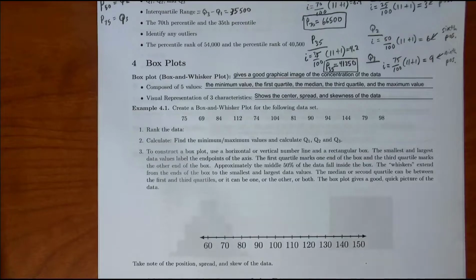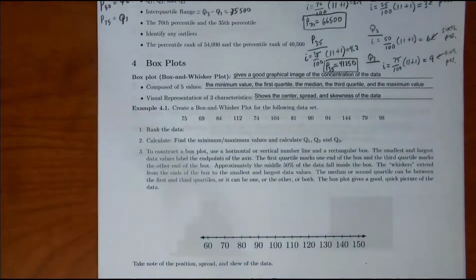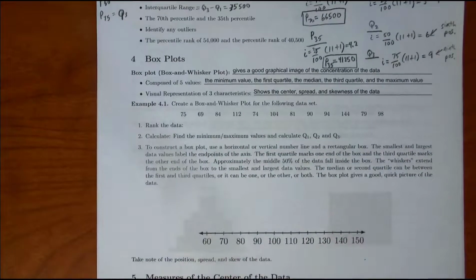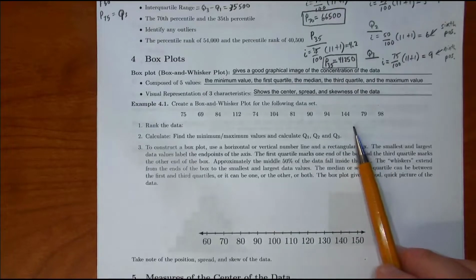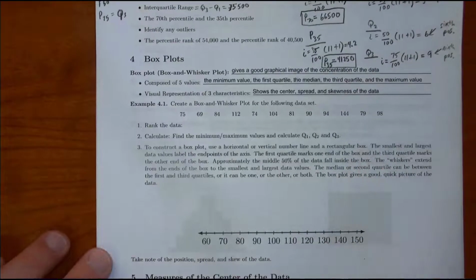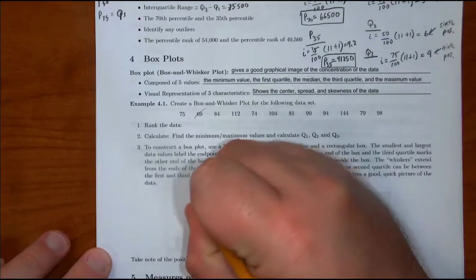Let's see, I'll put the data down there and rank them down there. They are currently not ranked from least to greatest, clearly, so we need to rank them first. Looks like 69 is the smallest.